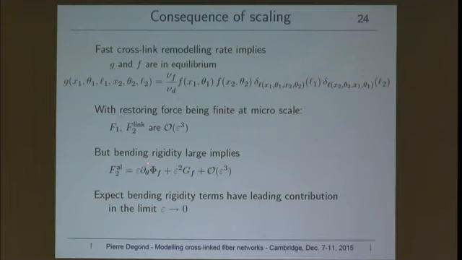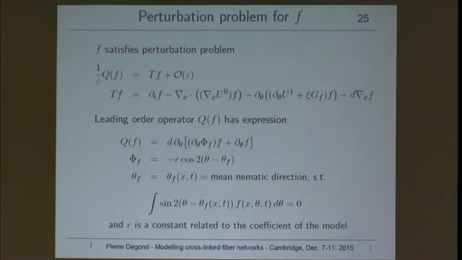It will give rise to diffusion terms also. Its expression is a bit complicated. I don't want to write it, but this is basically a second order operator in space, and it also involves a first order derivative in angle. So that's the next order contribution of the bending rigidity term.